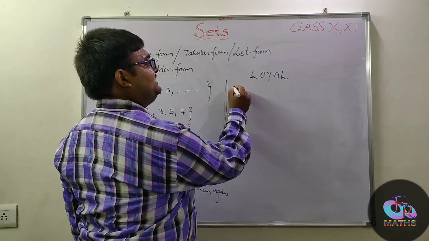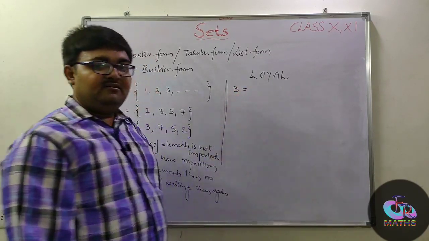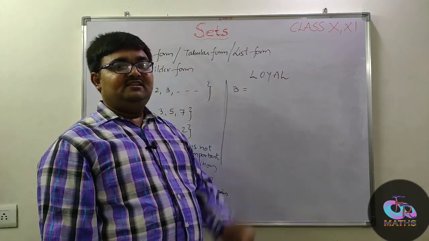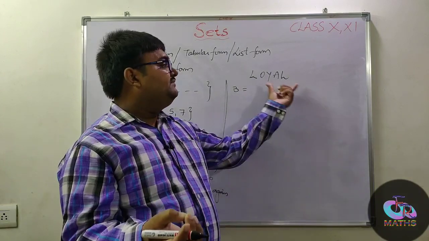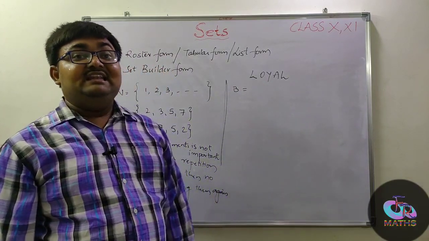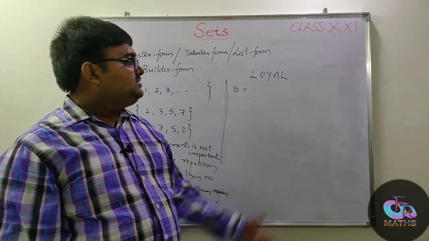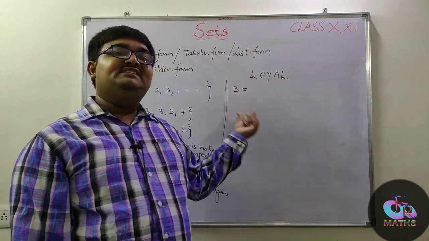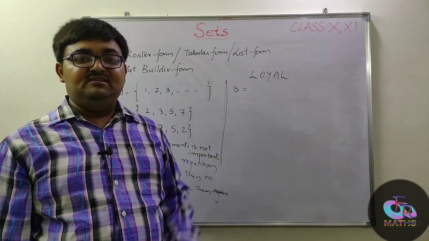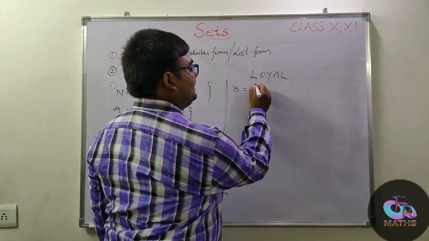Let us consider this set as B. So B is nothing but a set which represents the letters of the word loyal. This is a word, and B is a set which contains letters of the word loyal. Then what will you write?